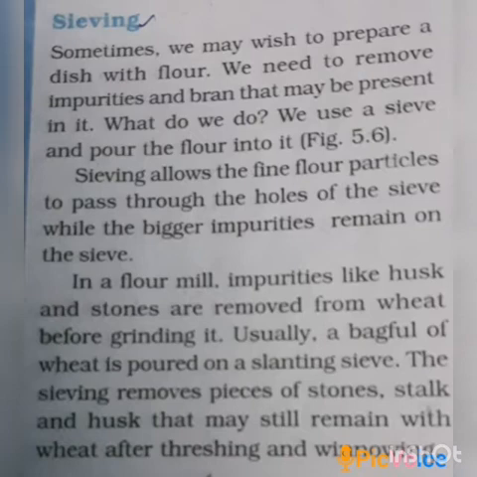In a flour mill, a bag full of wheat is poured on a slanting sieve. Then the sieving removes pieces of stone, stalk and husk that may still remain with the wheat after threshing and winnowing.